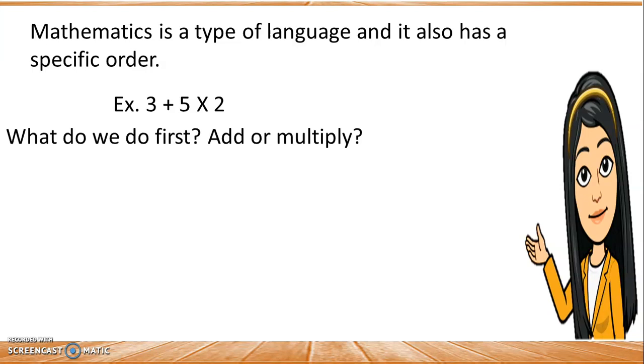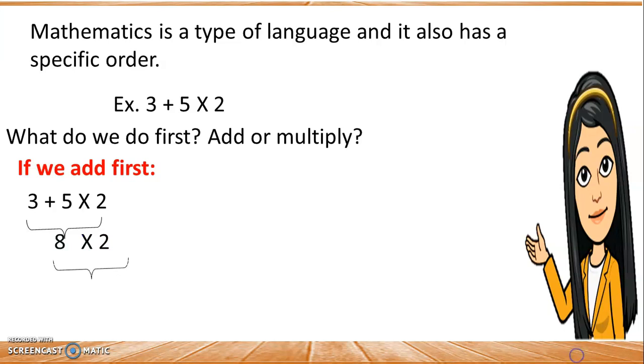So, let me show you the solution. If we add first, 3 plus 5 times 2, 3 plus 5 is 8, times 2 is equal to 16.